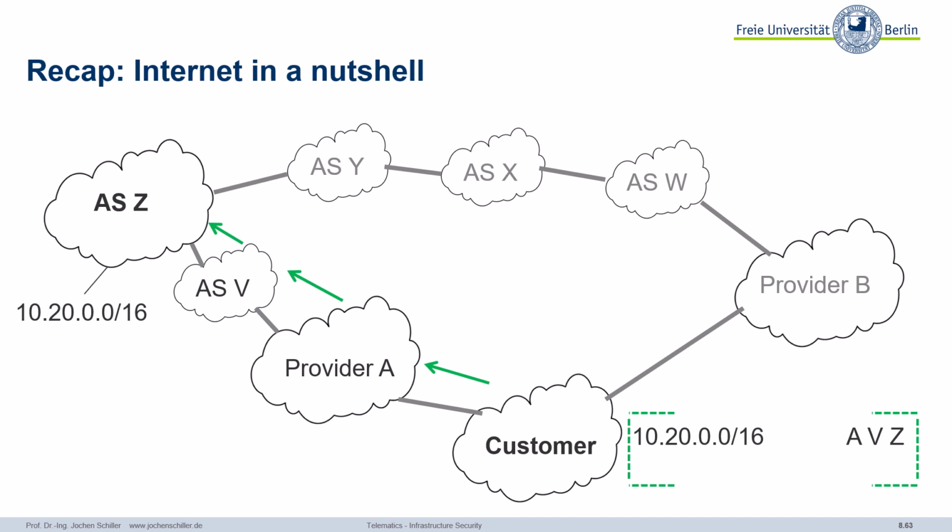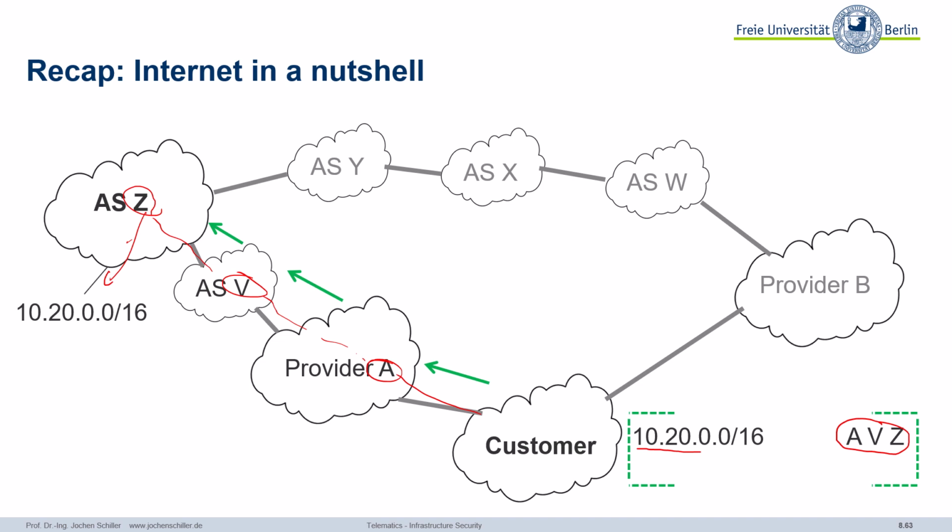So in this example, 10.20.0.0/16 goes via the path A, V, C. So as this customer, we go via A, V, reach this final destination autonomous system, and this is where we have this prefix.